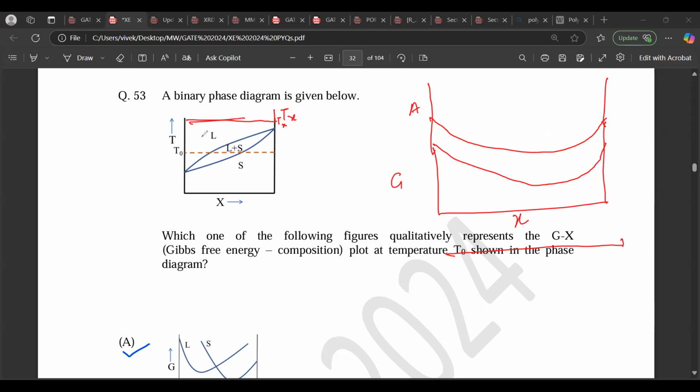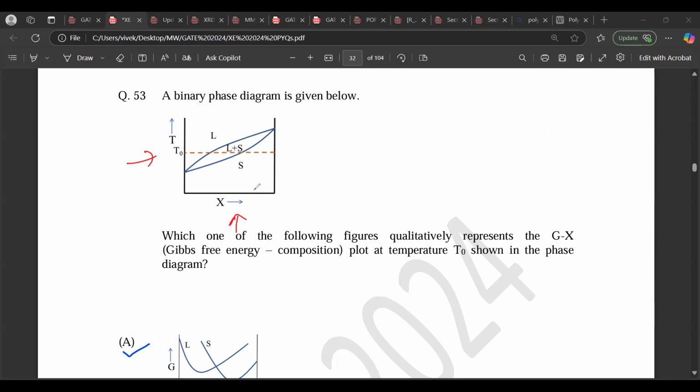One temperature is this, one is this where it is touching slightly on the right side of the composition, one is this where it is slightly crossing the left side of the composition, and one is the down one. 1, 2, 3, 4. Only four different temperatures. The nature of the GX curve you need to understand, and that's it. You will be able to solve each question. I have already taught it in the test series, but I'm repeating it because I'm going to upload it on YouTube, so please bear with me. I won't take much time.